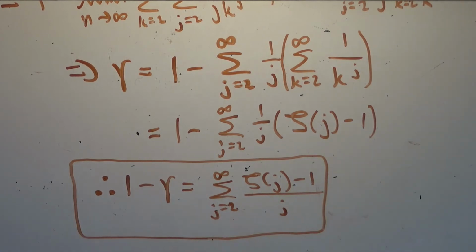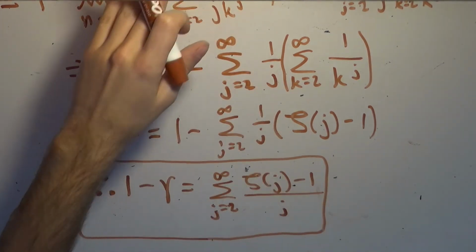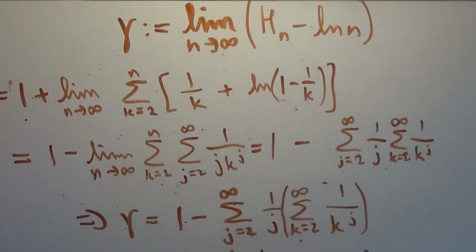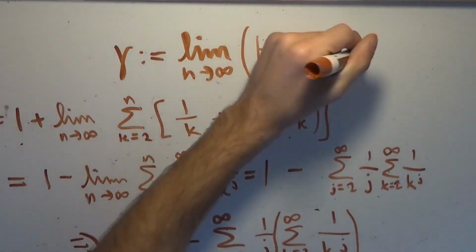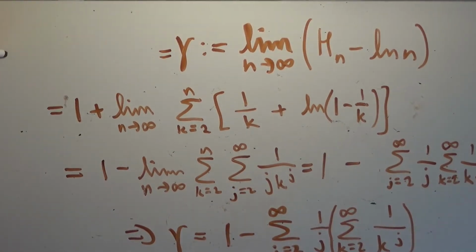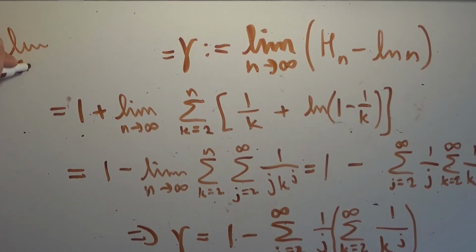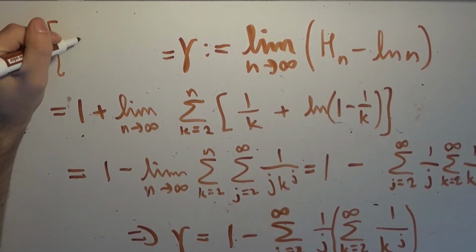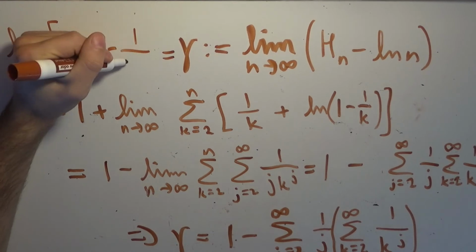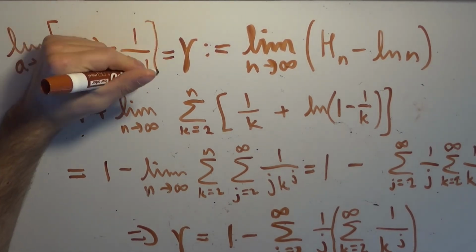And if you recall, all the way back to one of my first videos I ever did on the Euler-Mascheroni constant, I showed that this limit up here can be made to equal this difference here. I showed that it was equal to the limit as a approaches 1 of zeta of a minus 1 over a minus 1. I think that's what it was, right?